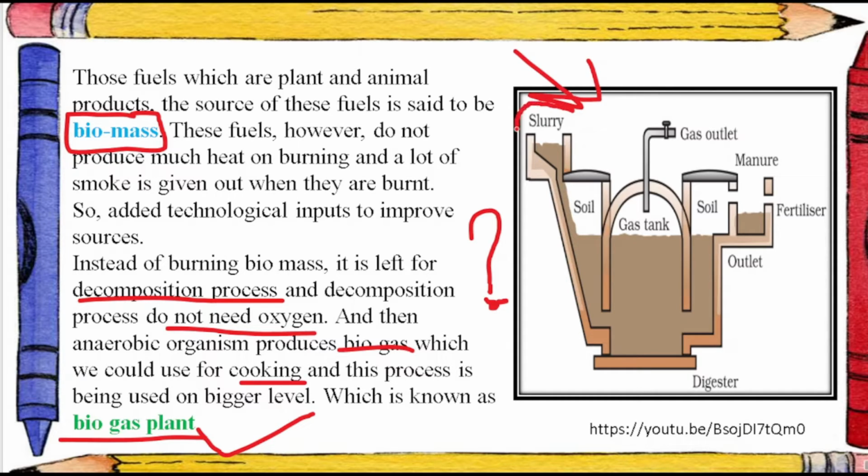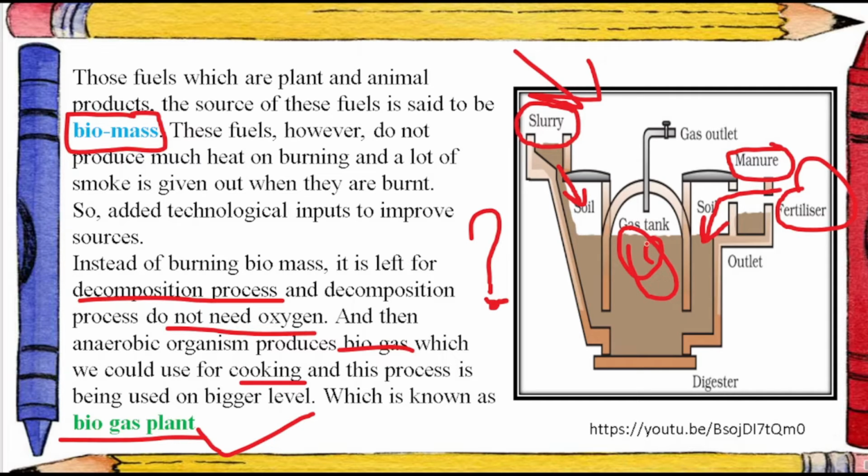So this is the biogas plant. On the one side there is a slurry, and on the other side we add some manure and fertilizer in this container, and with time the gas is generated.